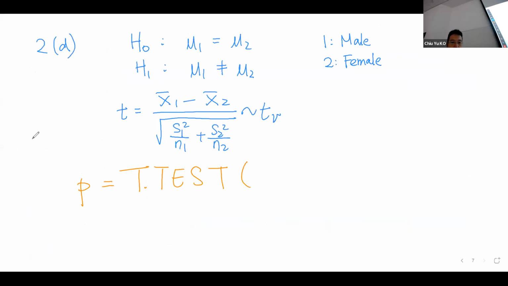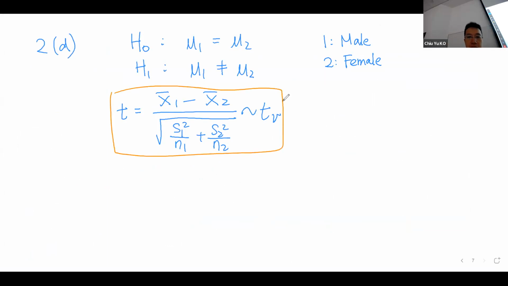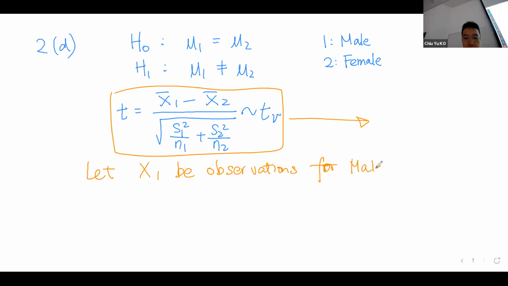What we'll do is tell them what's the x and y first. So this one we put aside. We need to say let x1 be observations for male, and x2 for female.